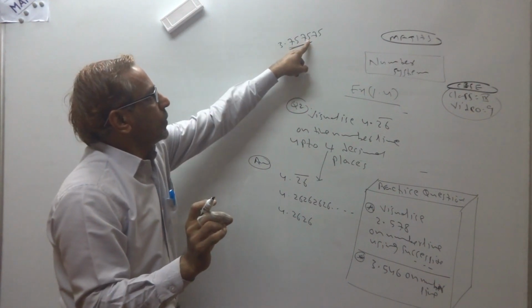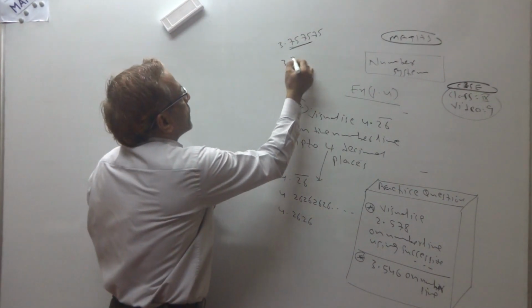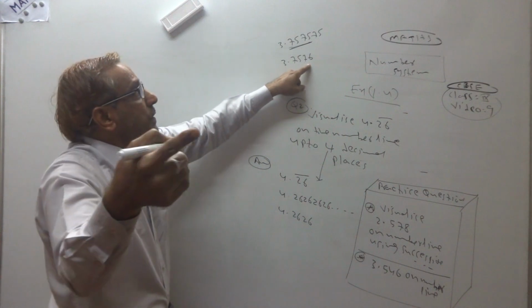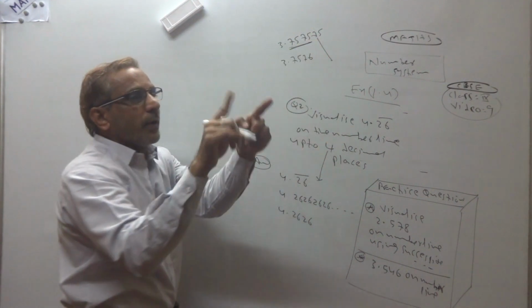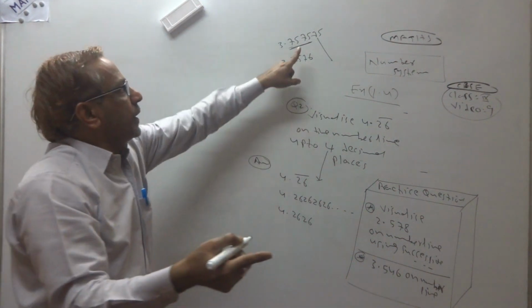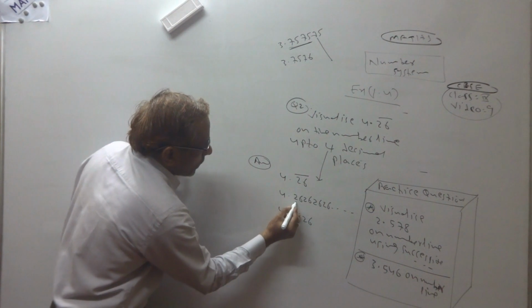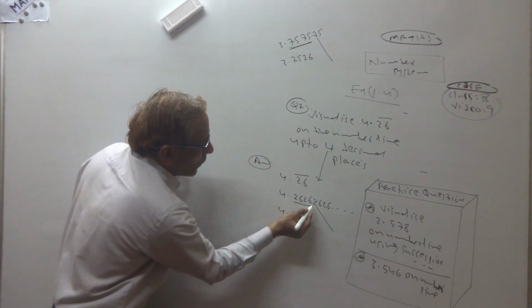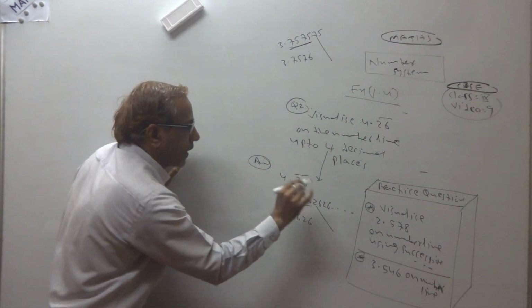75, 75, no? So we can't write 75, 75. We should write 75, 76. One number you should increase. When please? If this 5th number is 5 or more than 5, then you increase here. So here you check. 2626. Is the 5th number more than 5 or 5?